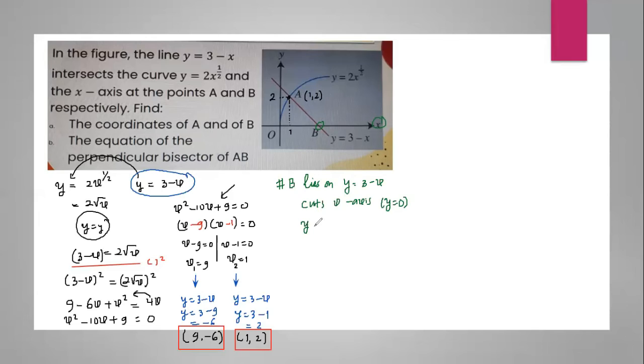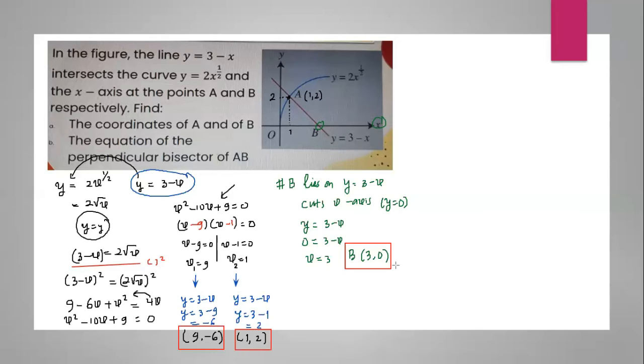So when y equals 3 minus x, by inserting y equals 0, 0 is 3 minus x. So x equals 3. So automatically B is 3 comma 0. We got one point in here. Is it clear, everyone? Yes, sir. Very good.